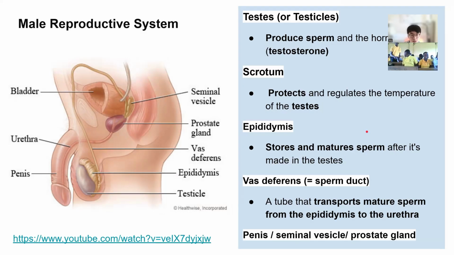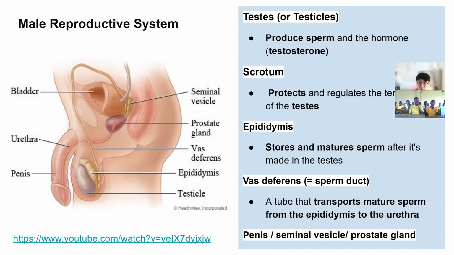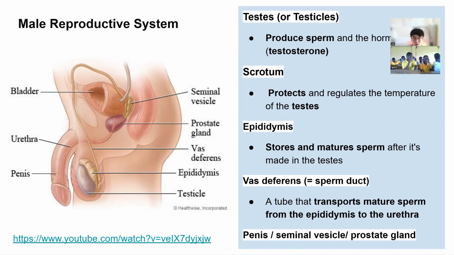So here is the male reproductive system. There's the testes or testicles. It produces sperm and the hormone testosterone. And there's the scrotum, which protects and regulates the temperature of the testes.